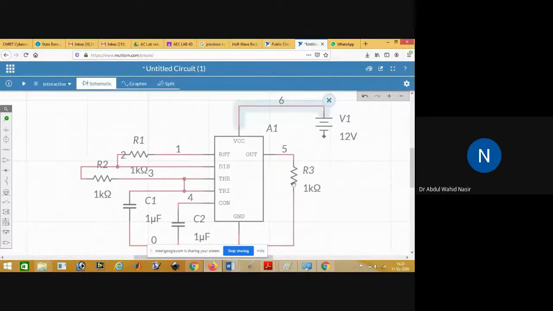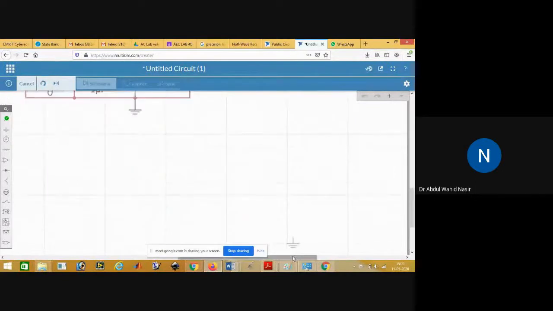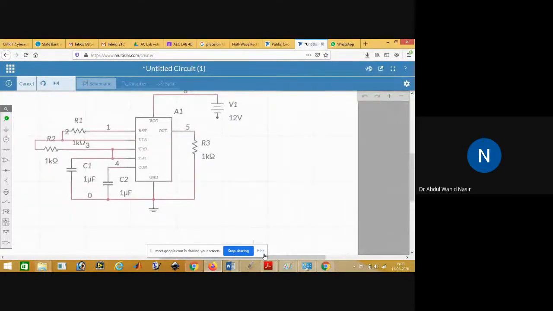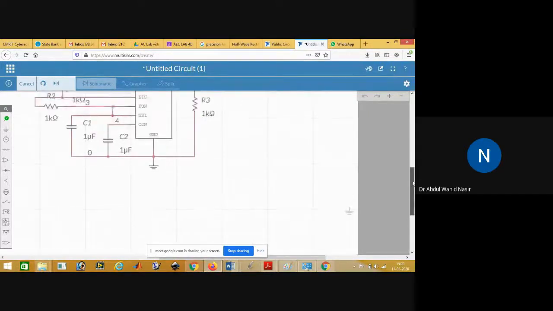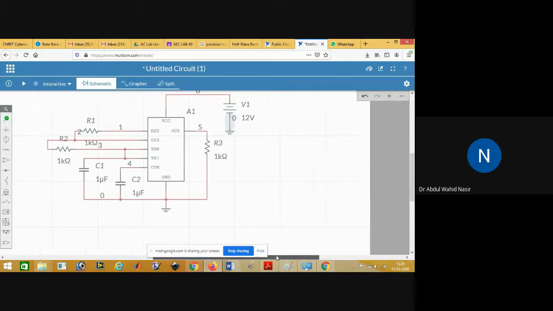There you connect the DC voltage. The other end goes to the ground. Copy that. So the connection is complete now.